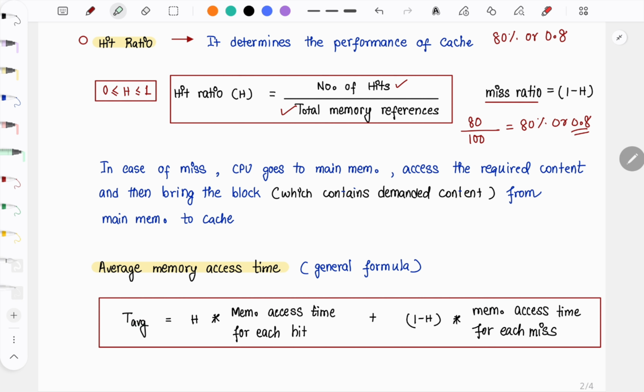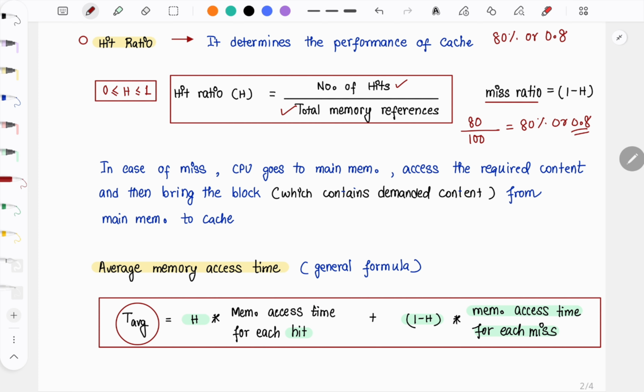So for the average time, we take the memory access time for a hit, if the data is present in the cache itself, and multiply it with the hit ratio, and then for the miss ratio, we multiply it with the access time for the main memory, and we add these two up to get T average, the average memory access time.